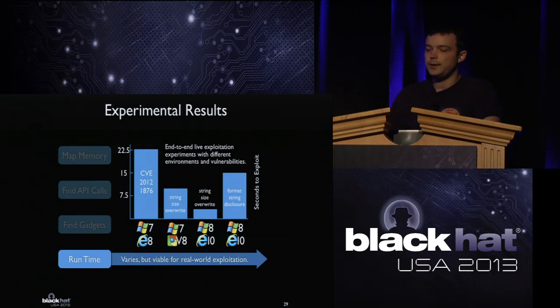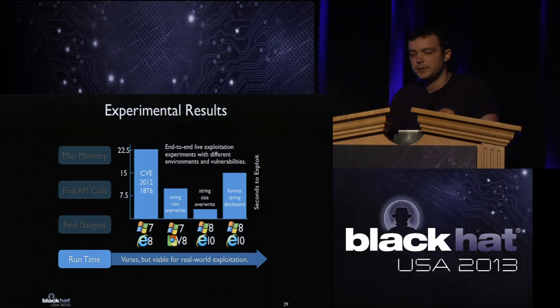So next we ran end-to-end tests over a number of different exploit scenarios. So what you're seeing here in these bar graphs is just 4 different exploits and the number of seconds it took from the user browsing to the web page to the payload being generated and executed on their machine. So the first box here is actually a real exploit, CVE 2012-1876.